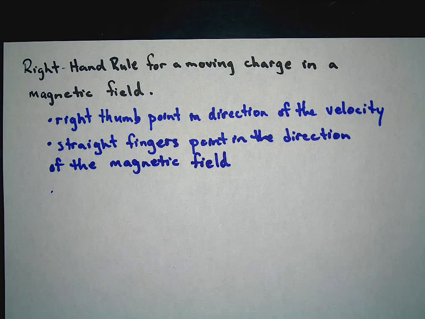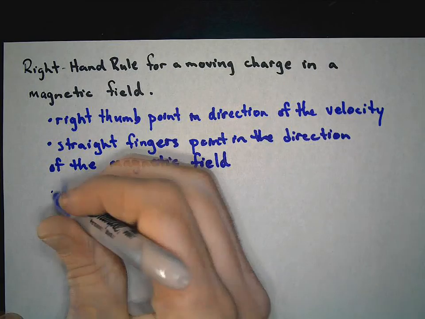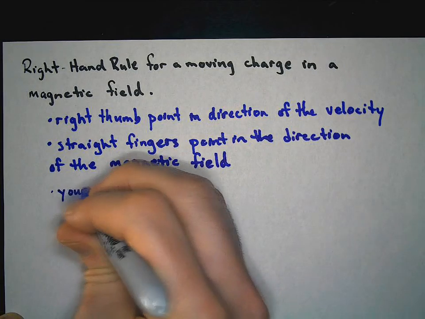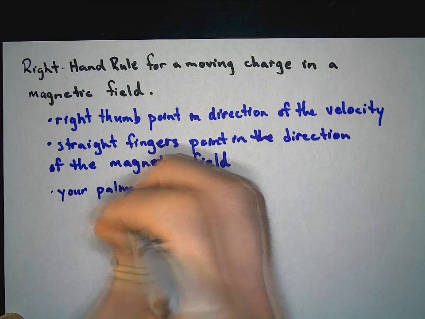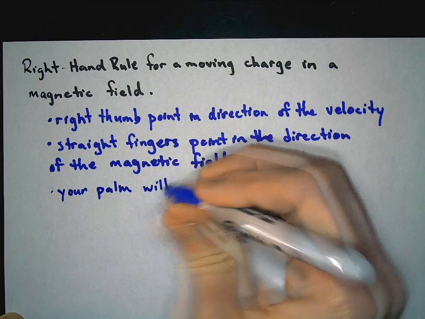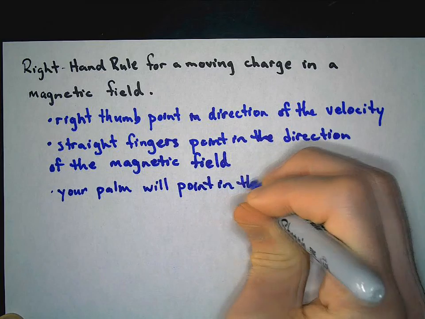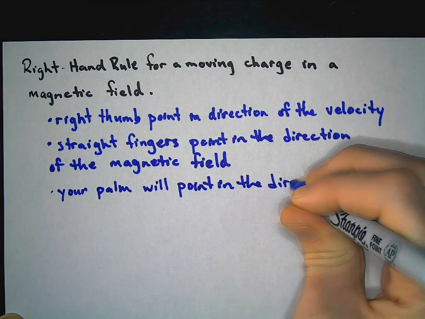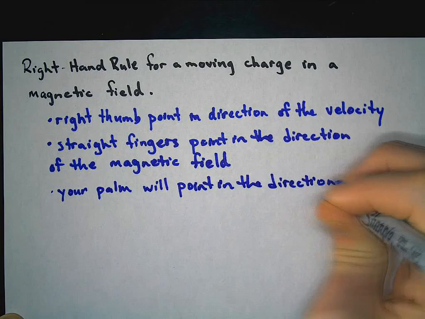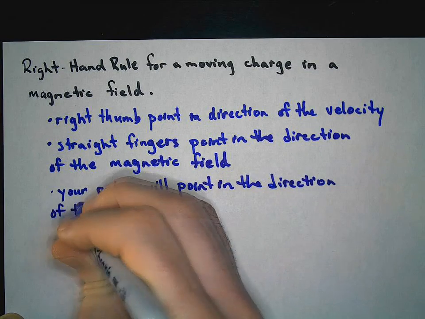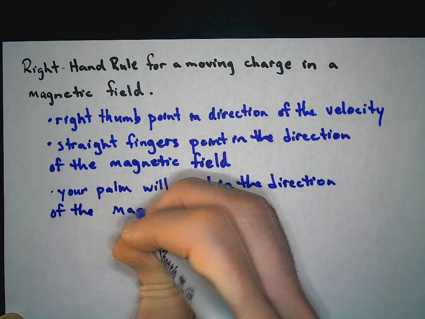So right thumb points in the direction of the velocity, straight fingers point in the direction of the magnetic field. The palm of your hand will point in the direction of the magnetic force.